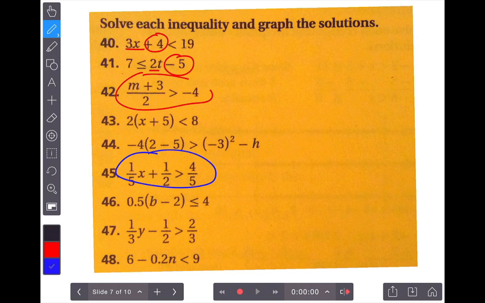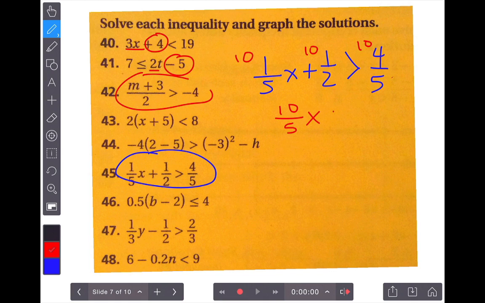Well, my common denominator is going to be 10. So if I have 1/5 x plus 1/2 is greater than 4/5, and I multiply everything by 10, what you end up getting is 10 over 5 x plus 10 over 2 is greater than 40 over 5. Now you can go through and reduce all these.